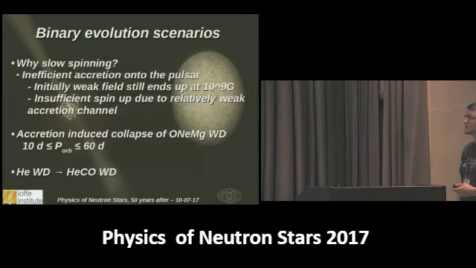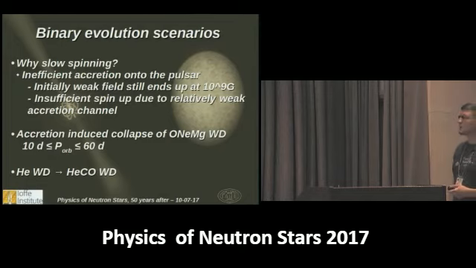In this case, one more puzzle is why there is a relatively long spin period, because if the pulsar binary undergoes a period of mass accretion, what can also be is that the magnetic field should inhibit the process of accretion so that the pulsar cannot be easily spun up.